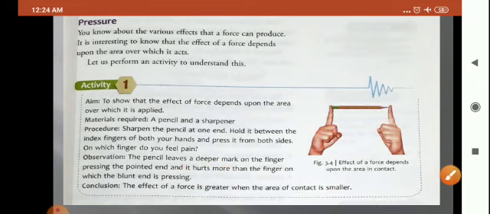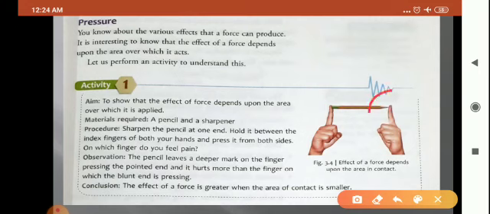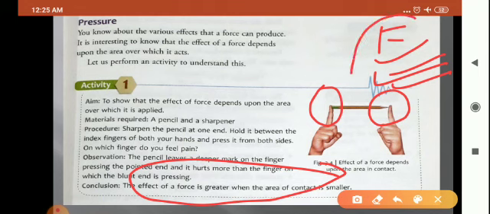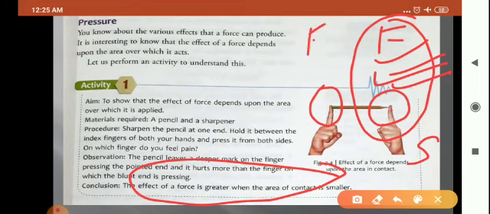Okay, that is the reason you are feeling more hurt on this side, the pointed side, as compared to this side. Again I am telling you that greater is the effect of force when the area of contact is smaller. Force का जो effect है वो कम है if the area of contact is larger.